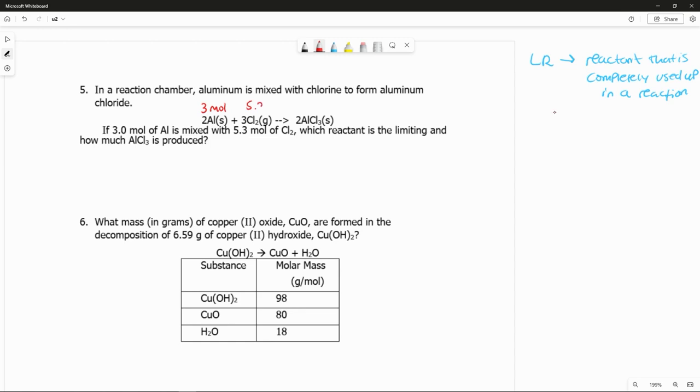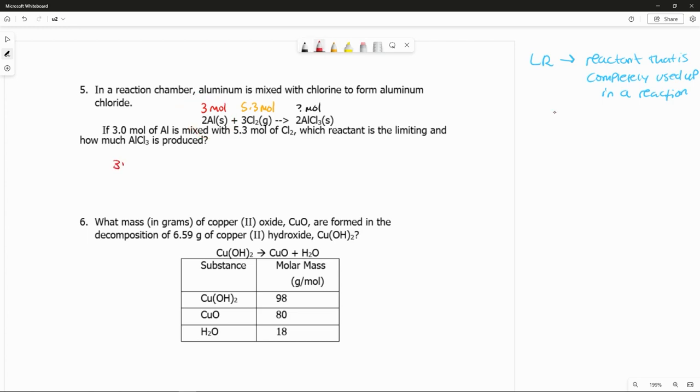We have 5.3 moles of Cl2, in orange, and we want to know in the end how many moles of AlCl3 is produced. Let's start off with Al.